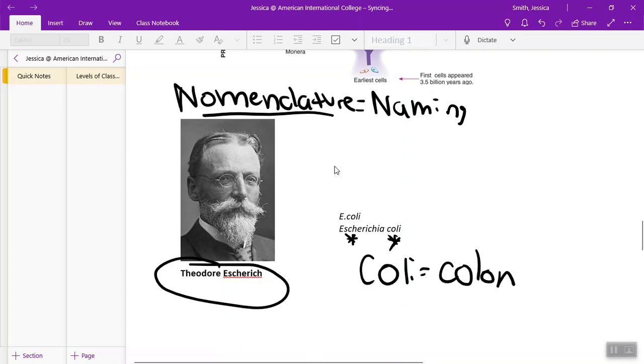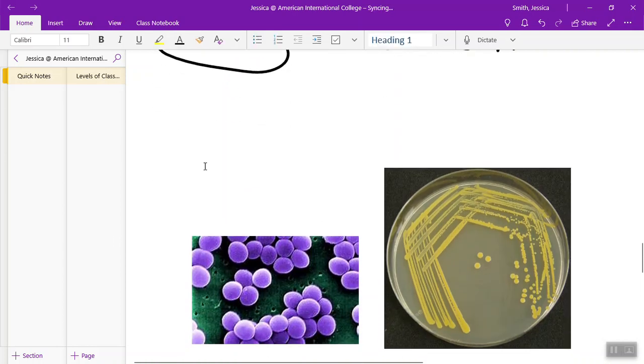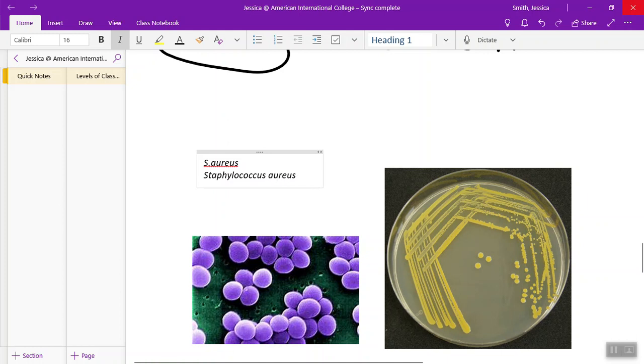So there are a couple of ways we might name them. We might name them after the scientist, such as Escherich, or after where they were discovered, such as the colon. Here's another example we're going to use a lot in this class: S. aureus. This stands for Staphylococcus aureus, and it's another name where you wonder where this crazy name came from.